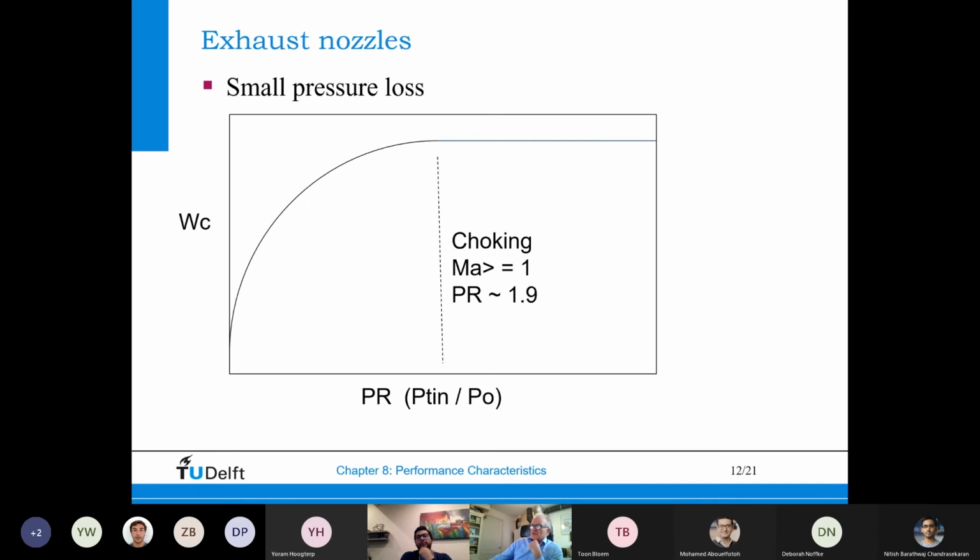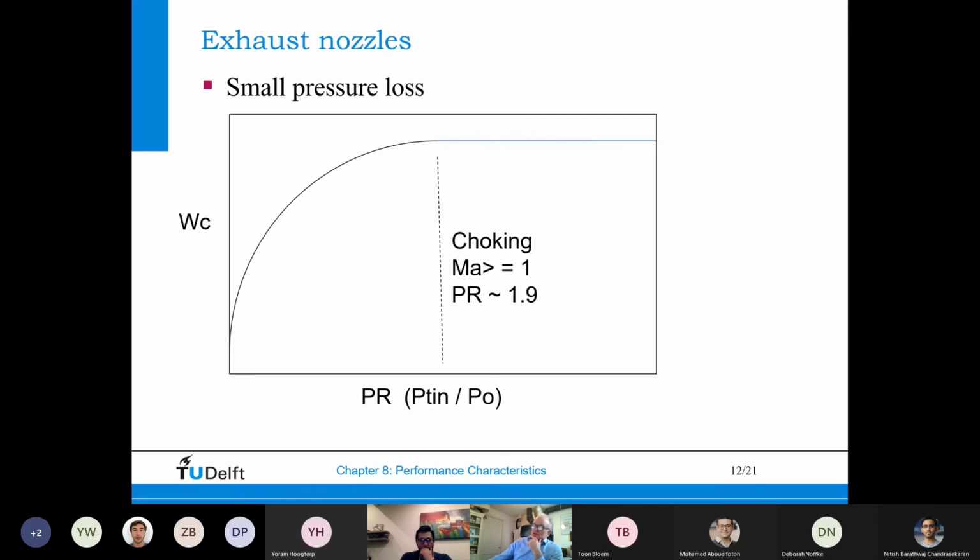And the characteristic of that exhaust nozzle is then similar in that the corrected mass flow will increase up to a point where the Mach number becomes 1 in the throat of that nozzle. The pressure ratio will be around 1.9, and then choking occurs and the corrected mass flow will not increase anymore.